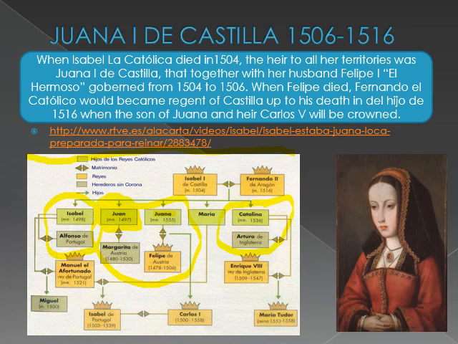And due to his death, the next heir, looking for males, is going to be Miguel, who is the son of Manuel el Afortunado and Isabel, the daughter of the Catholic monarchs. But Prince Miguel, who was brought to Castilla to be educated with the Catholic monarchs, also died very young. So we don't have any more male heirs.